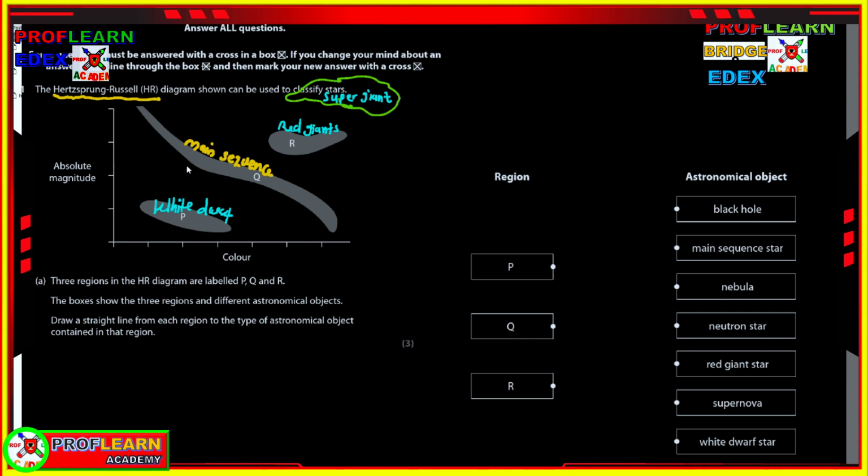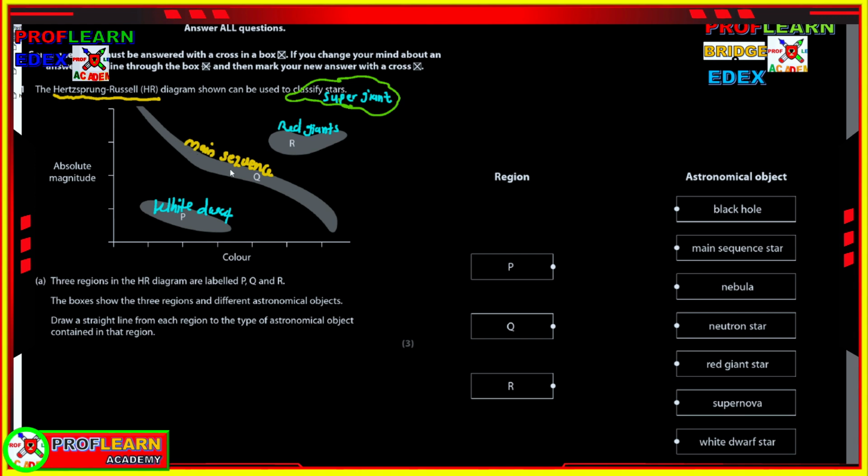If you are given a star somewhere here and you are told which stage it is, you say the main sequence. If they ask which reactions are taking place in this star, you say it's a fusion of hydrogen and hydrogen to form helium.